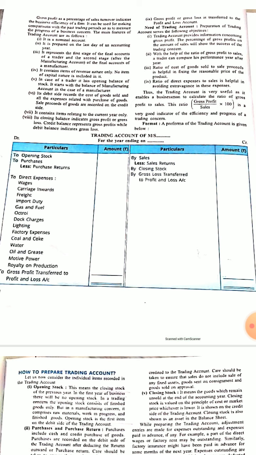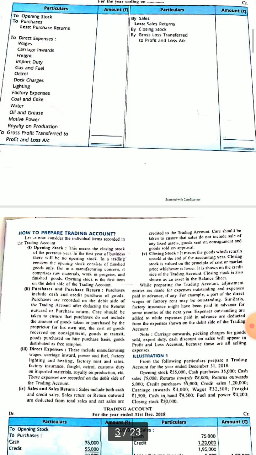Octroi, dock charges, import duty, all these are examples of taxes imposed by the government, but since these are spent on bringing the material into the factory, they are added to the cost. Again other items like lighting in the factory, coke and coal, water, oil and grease, motive power, royalty on production, all these are mentioned on the debit side of the trading account.